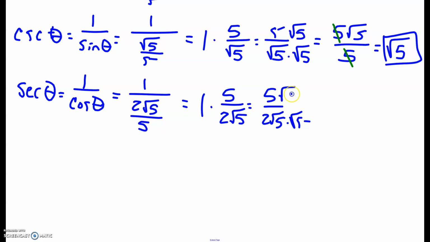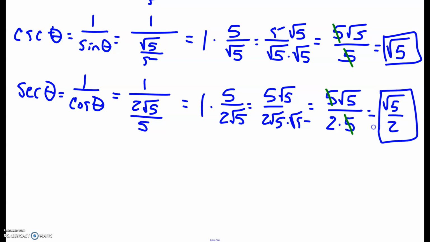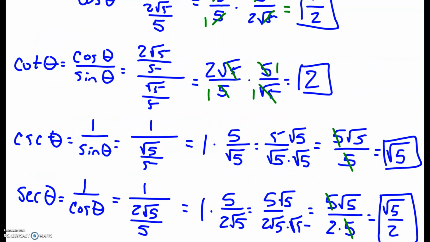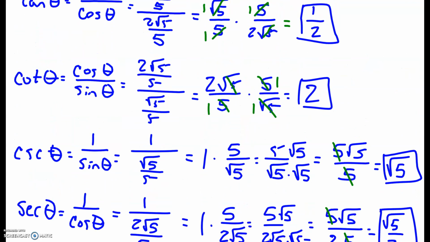I need to get rid of that square root. So I have 5 times the square root of 5 in the numerator, and 2 times the square root of 25, which is just 5, in the denominator. The 5's cancel, and I'm left with square root 5 over 2. So there are the other 4 values for the trig functions, and the problem is done.